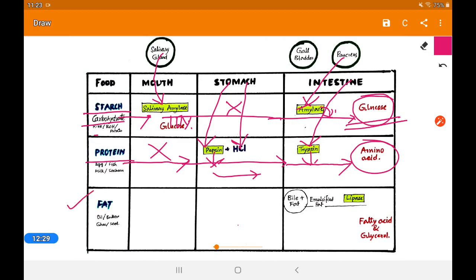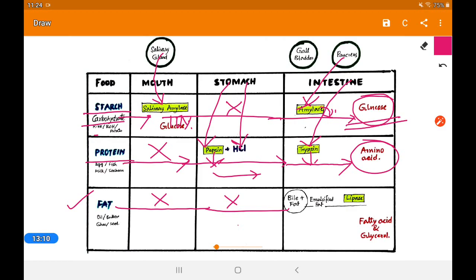Third one, come here, the fat. Here also, when we are taking the fat material, there is no fat breaking enzyme inside the mouth, and in the stomach also not. Actually, in the stomach gastric lipase is there, but it will not work. Why it will not work, you have to understand, because almost all the enzymes are hydrolysis enzymes that work with water.